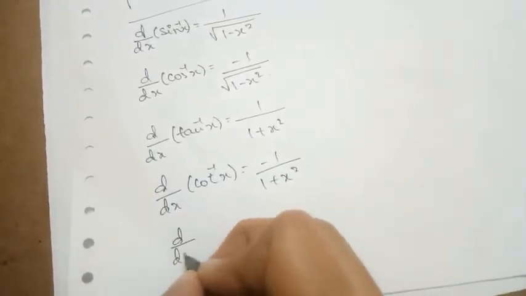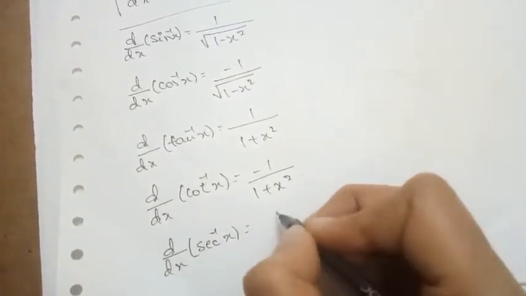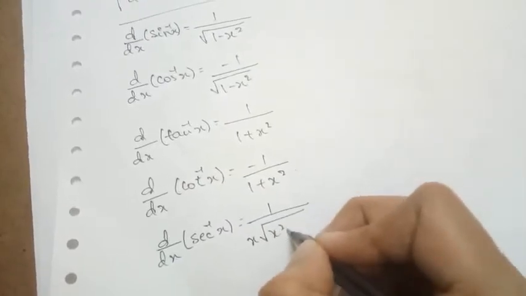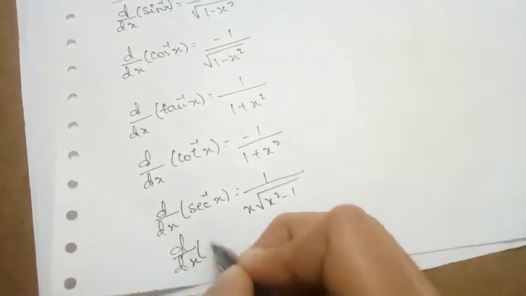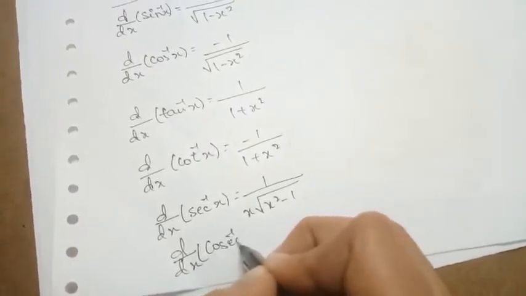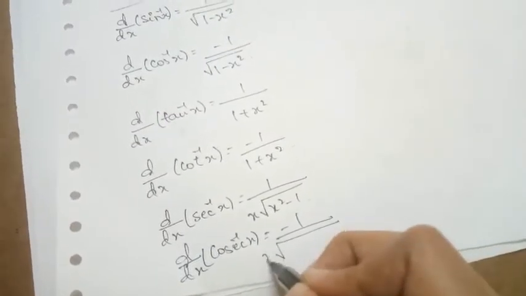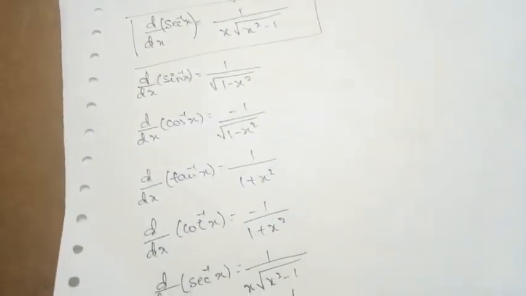The derivative of secant inverse of x is 1 divided by x into the square root of x square minus 1, and last but not least, the derivative of cosecant inverse of x is minus 1 divided by x into the square root of x square minus 1. So these are the derivatives of the six inverse trigonometric functions.